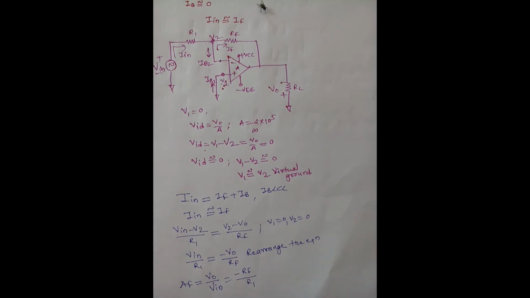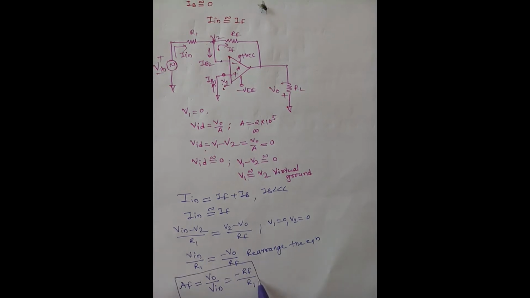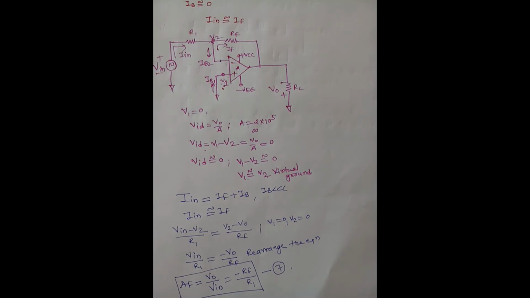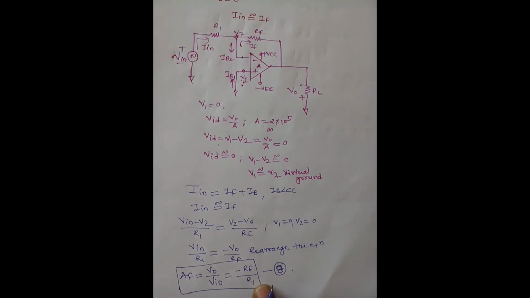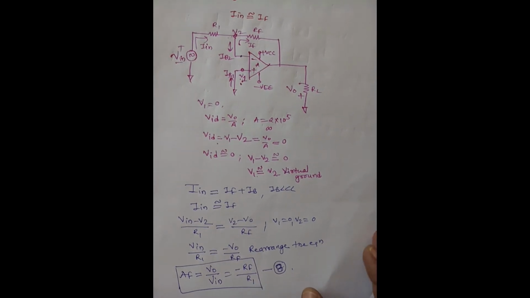The same equation we derived initially, that is gain with feedback for the inverting amplifier is minus RF by R1. Make this equation number 8, as we already derived 7. The inverting amplifier gain is minus RF by R1, which we derived with the virtual ground concept.